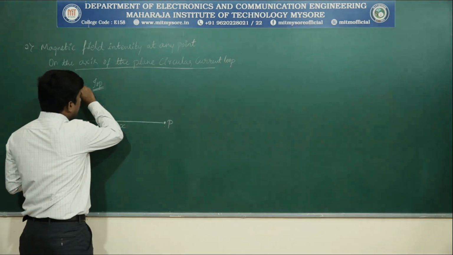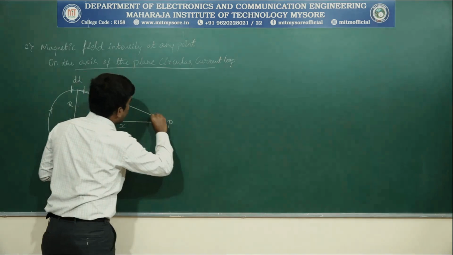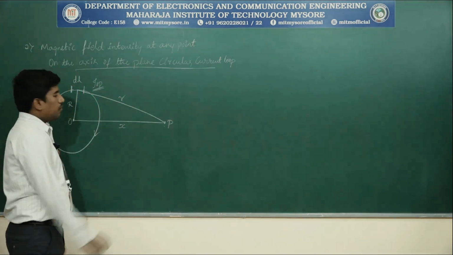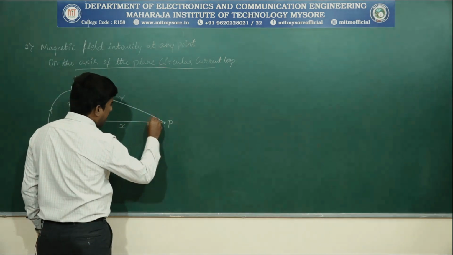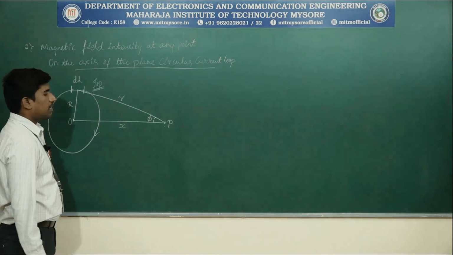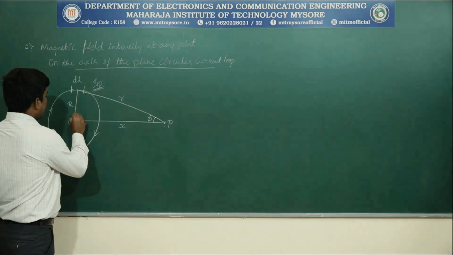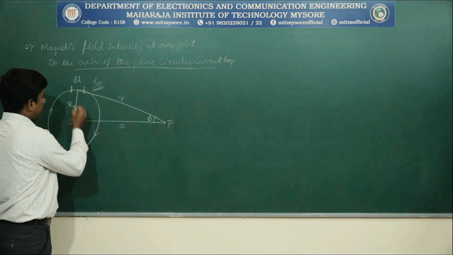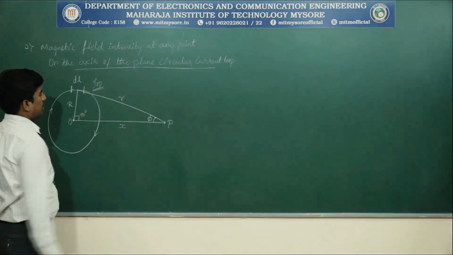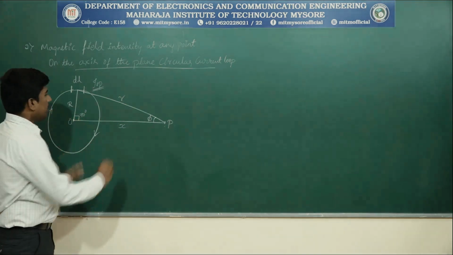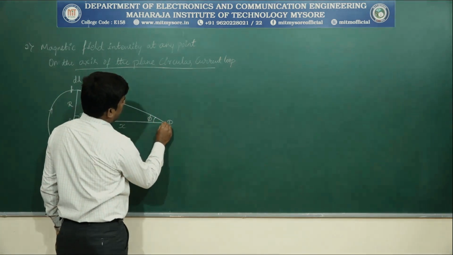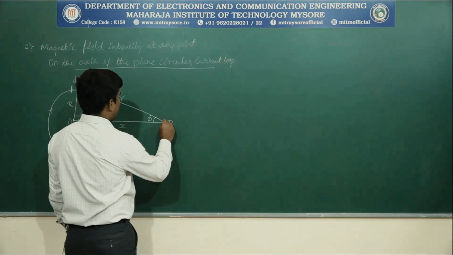Now join these 2 points. So this is at a distance r, which forms an angle phi. This is at 90 degree. Clear? Now draw a perpendicular to this.